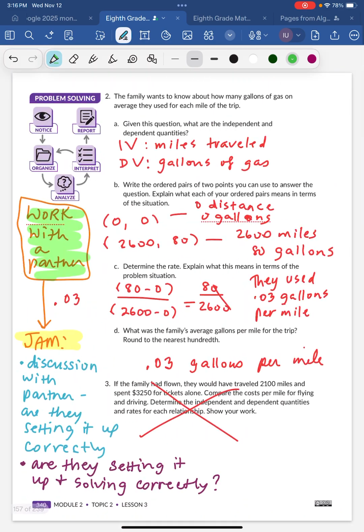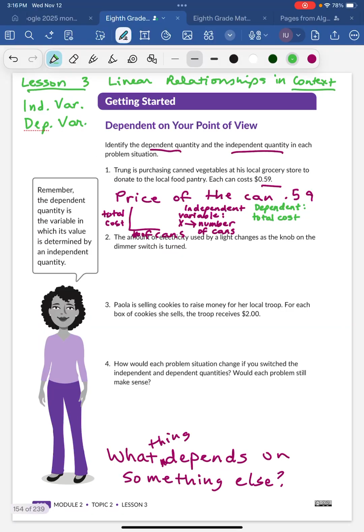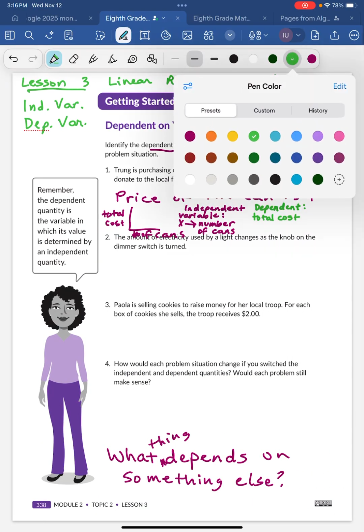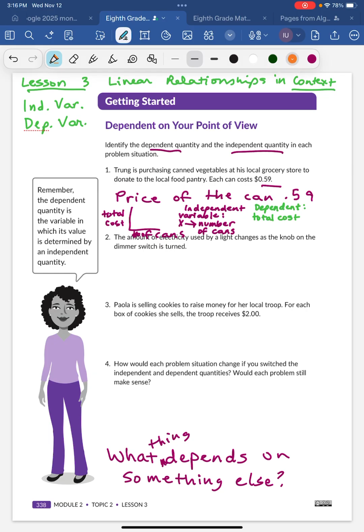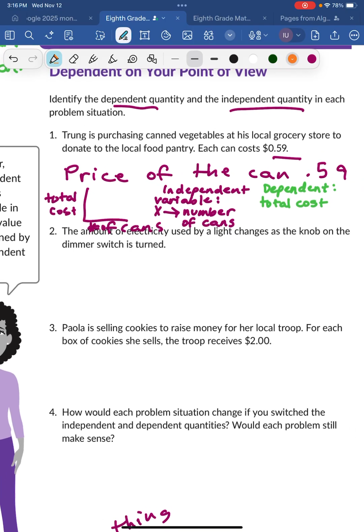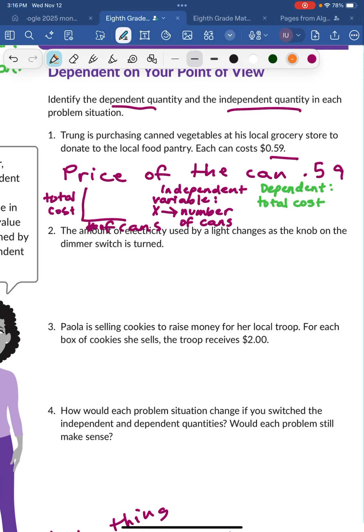Oops, let's look at the next one. Sorry, I went forward a lot. The amount of electricity used by a light changes as the knob on the dimmer switch is turned. So if we had a graph, we're going to have X and Y. What depends on something else in this situation? I want you to think about it for a second.